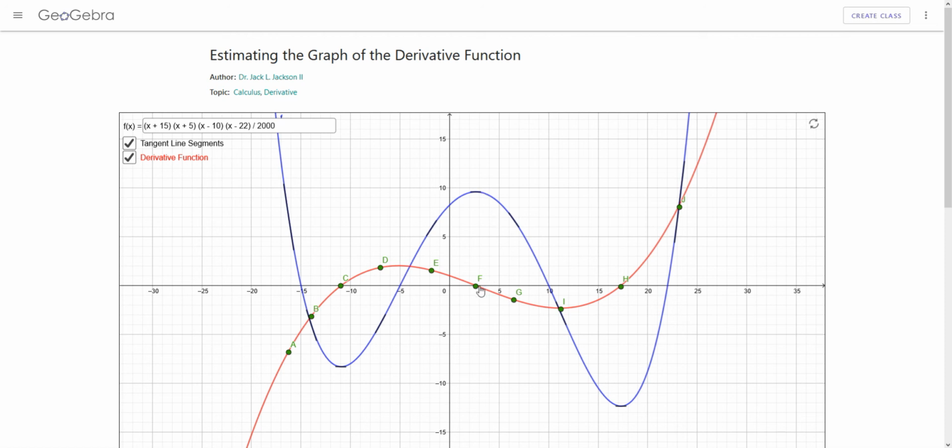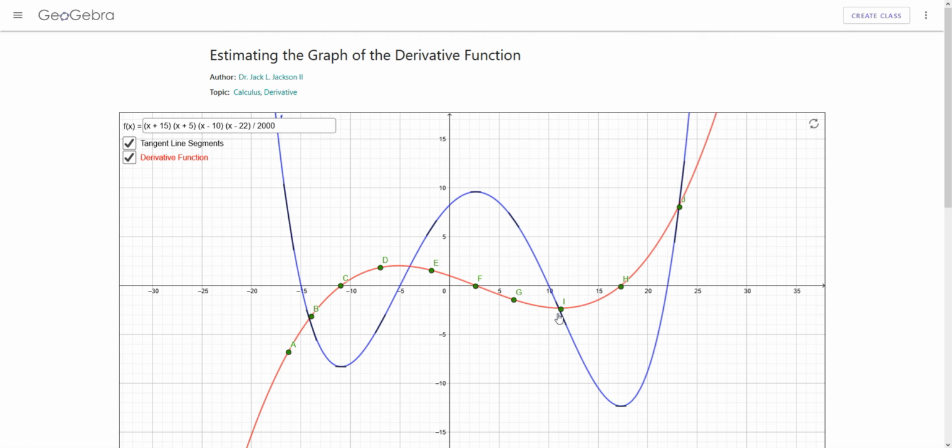So the graph of the derivative crosses the x-axis every time the original function is at a max or min. And then so forth. From here over, the original function is decreasing from here to here, so that means negative values for the derivative. And again, it switched from concave down to concave up, so there's a minimum right there somewhere, at the same x value that the original function has an inflection point.